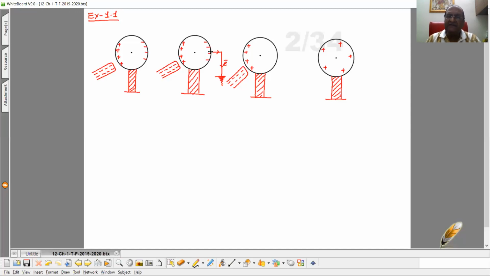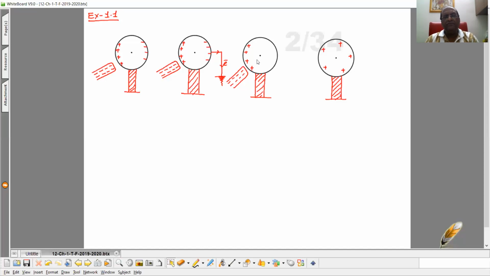So here the excess electrons will be transferred to earth. Now, when excess electrons are transferred to the earth, remove this earthing, keeping the plastic rod and the sphere as they are.